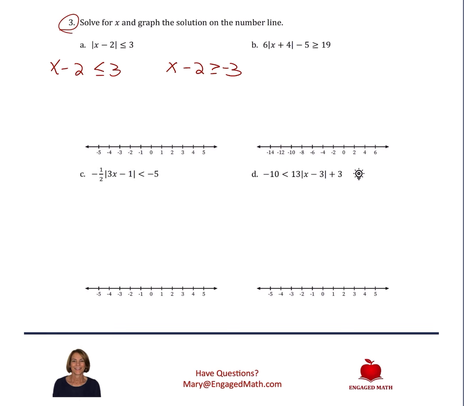The next thing we have to do is to decide whether we have an and, because it might be that the word in between here should be an and, or maybe it should be an or. So I have a little clever way, I think it's clever at least, for you to know whether the word in between those two inequalities should be and or or. Think of if the absolute value portion, whatever's in the absolute value, is less than some quantity, some number.